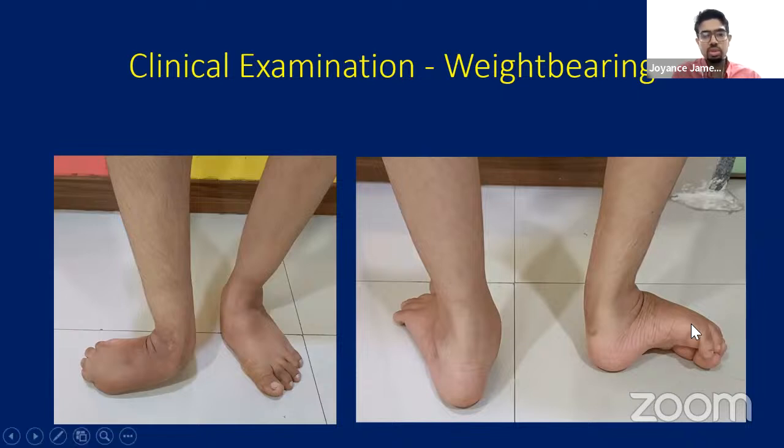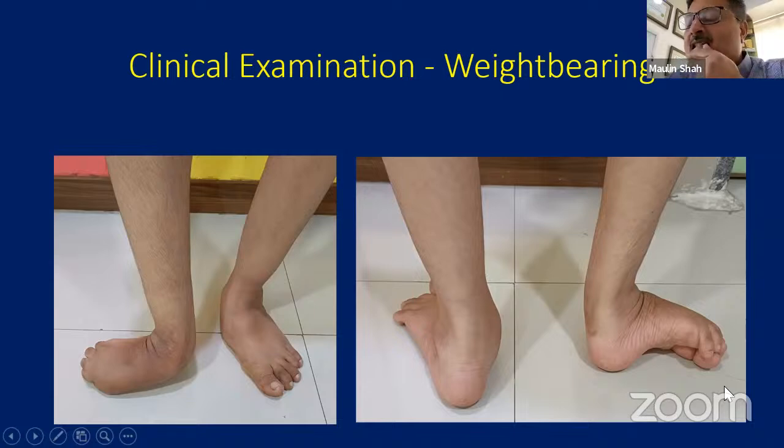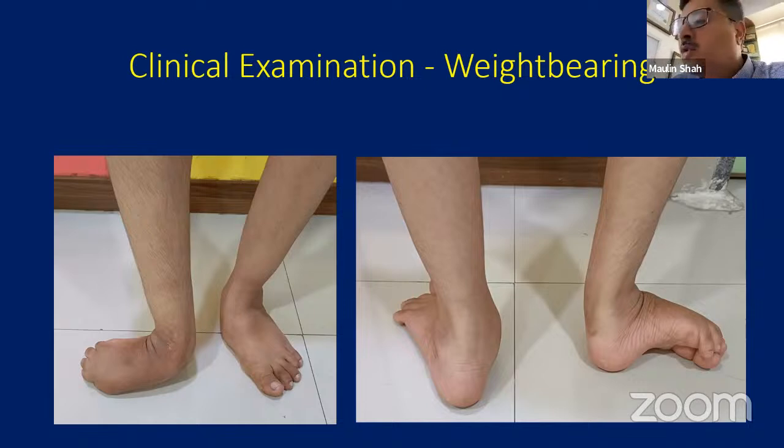As we can see, she has this deformity on the right side, which is producing some callosity and trophic changes on the dorsum of the great toe, and there is mild valgus on the left side as well.